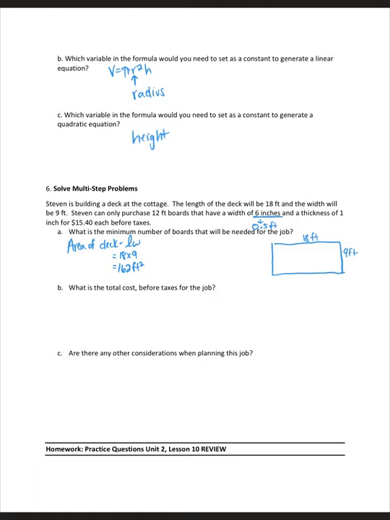If I think about putting the deck board on here, I should be able to get a 12-foot piece along the length of the deck, and then we could stick a 6-foot piece there. So we could cut a 12-foot piece in half.